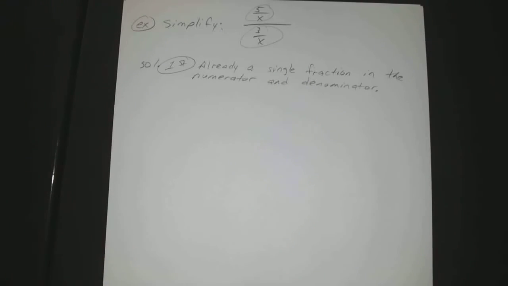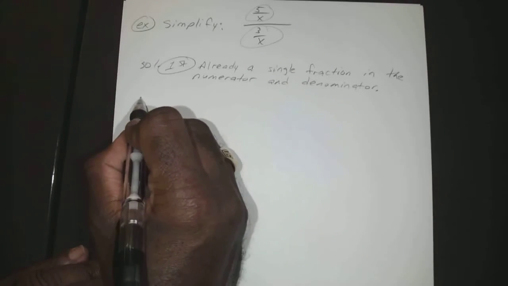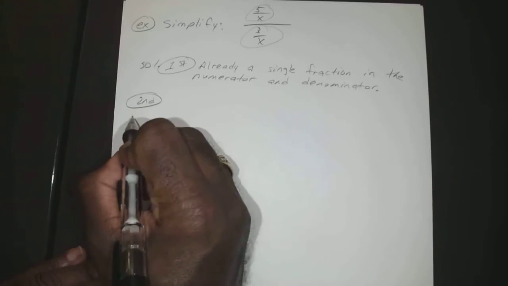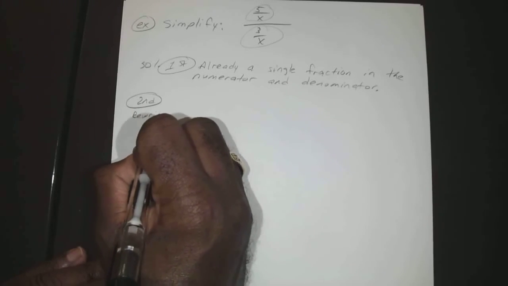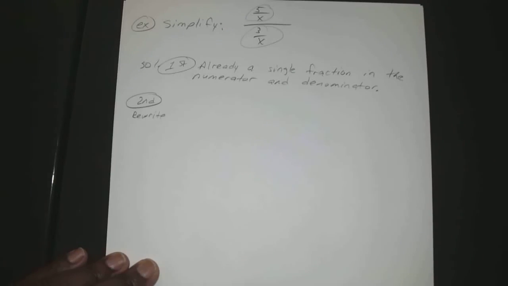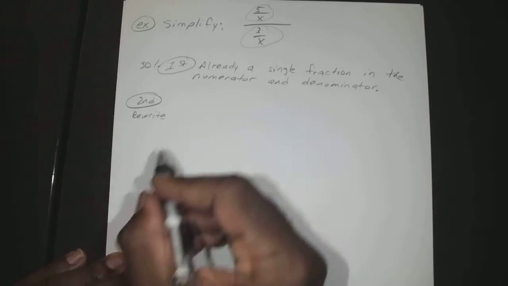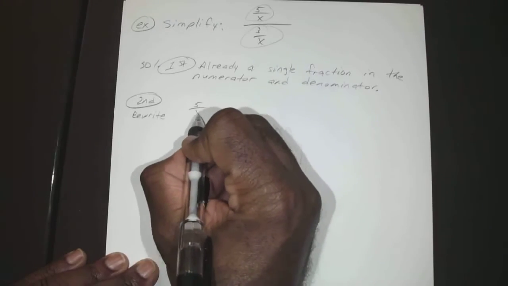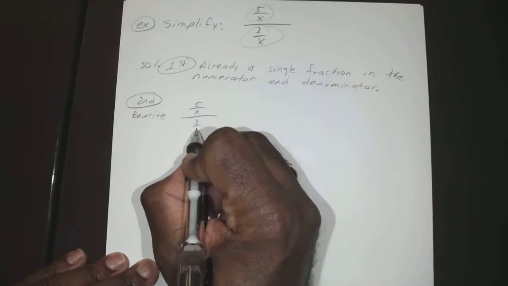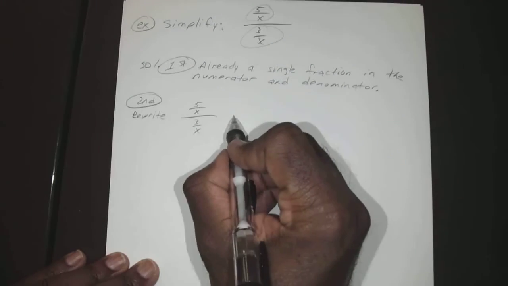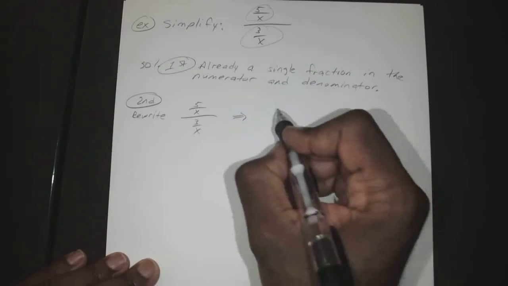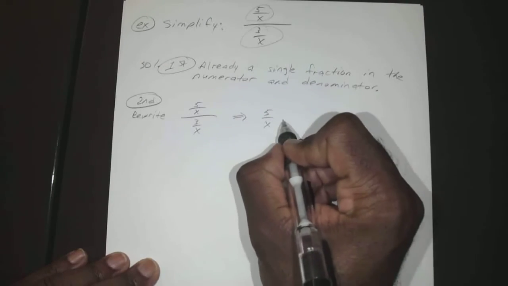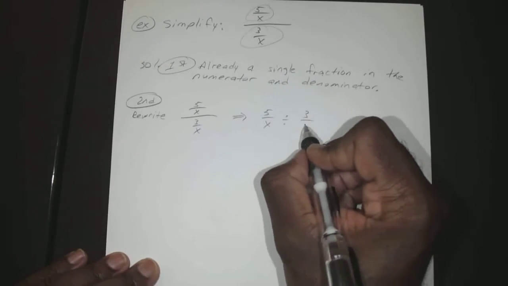Okay, so you don't have to do the first step on this one. Now your second step is you're going to rewrite it. Okay, so you have 5 over x divided by 3 over x. You can just rewrite that as 5 over x divided by 3 over x.